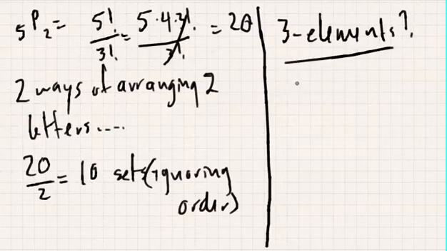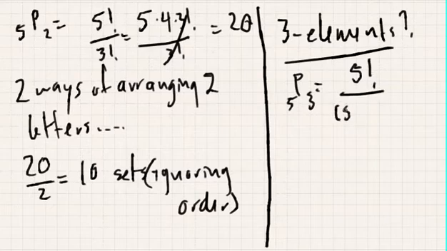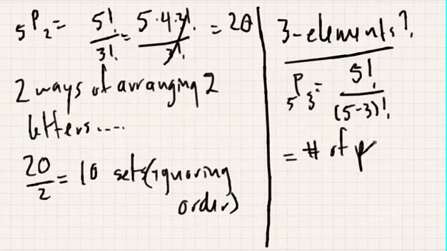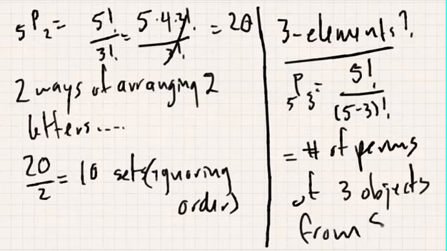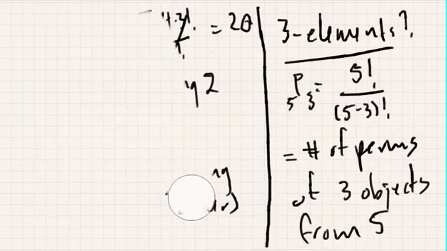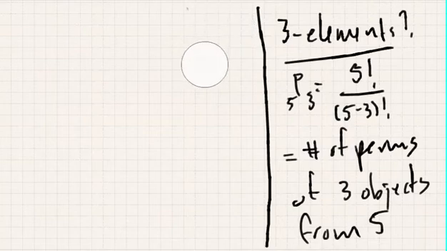Well, there are 5P3 different ways of doing a permutation of 3 objects from 5, but again, when I choose 3 objects, there's going to be a number of ways of arranging those 3 objects.